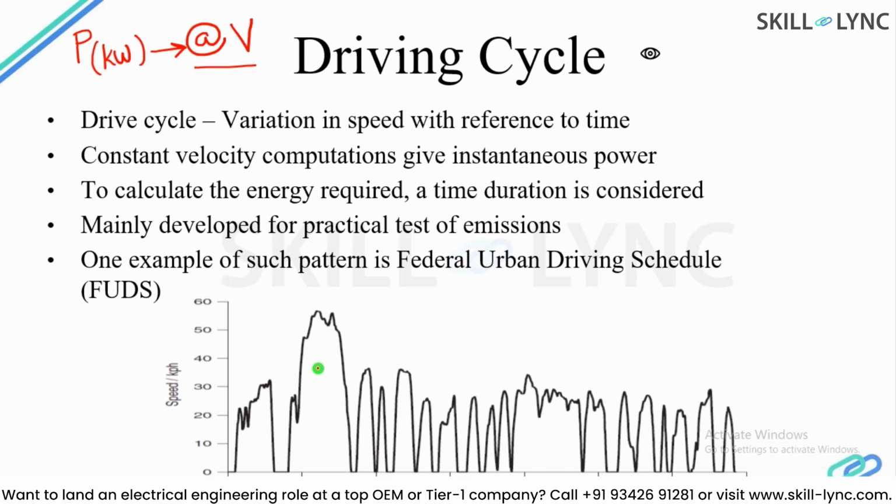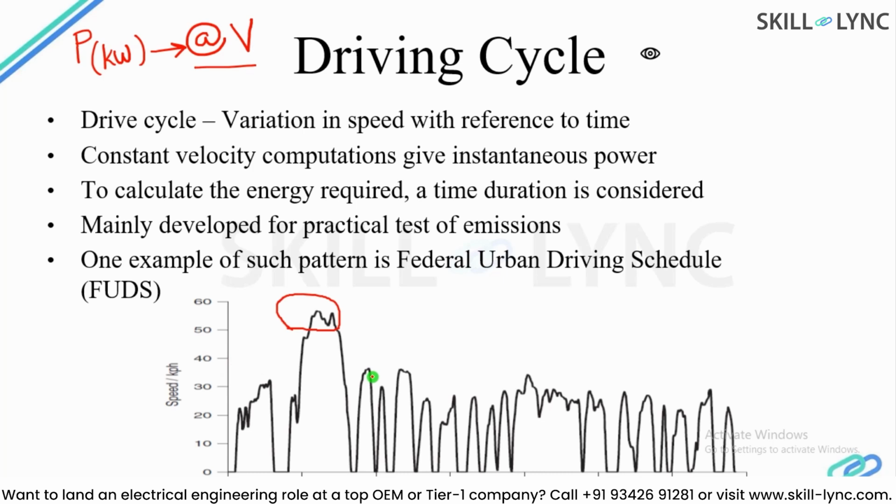This is one such standard drive cycle available for test purposes of the vehicle, but you never know what your drive pattern is going to be, and therefore this is a very important point for electric vehicle motor selection, where you need to know what the peak case is going to be and how much the average velocity is going to be, right? If the purpose of the vehicle is highway driving, then you need to assume the average velocity is going to be very high.